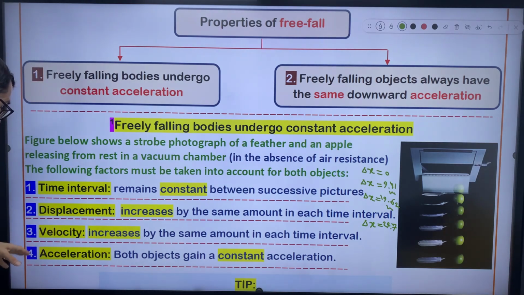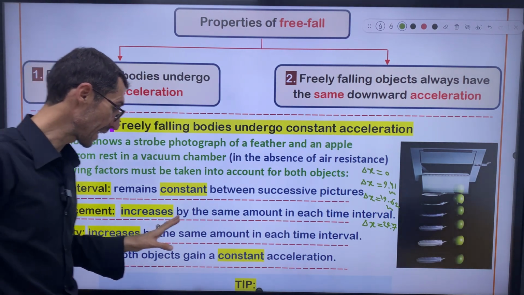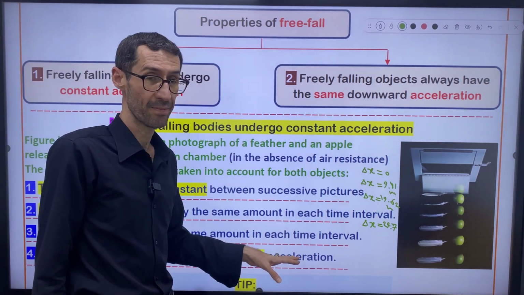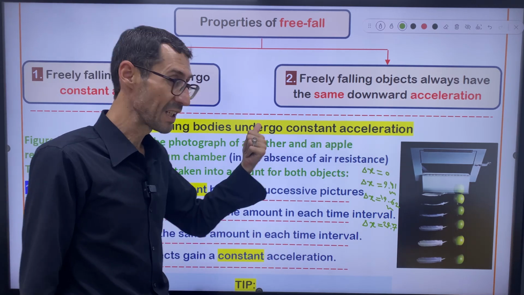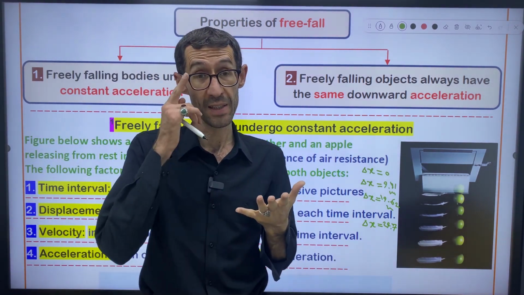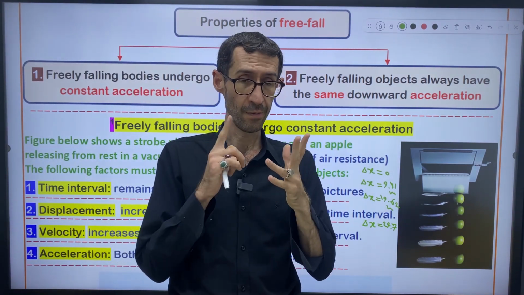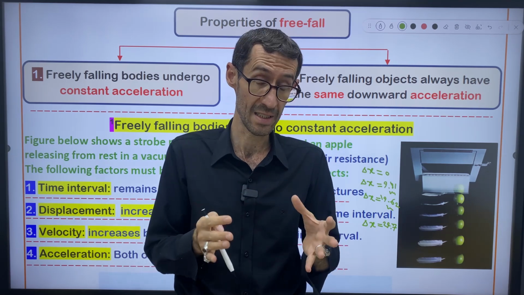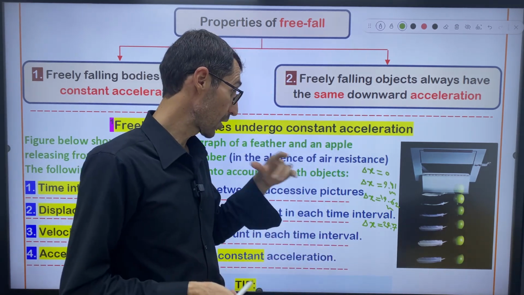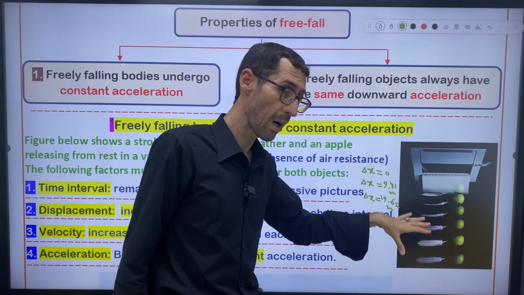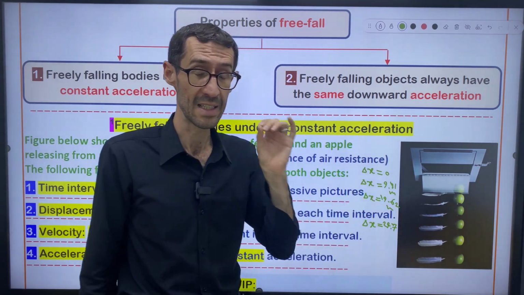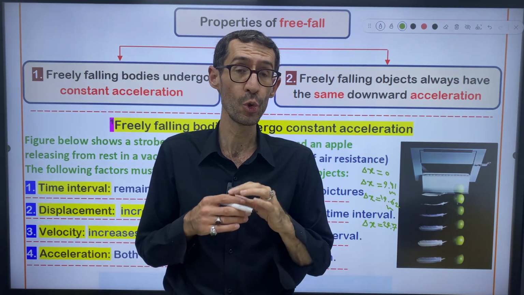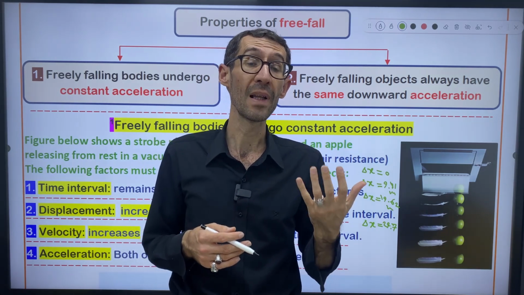What do you say about acceleration? Both objects gain a constant acceleration. Displacement is increased by the same amount. Velocity is increased by the same amount, but acceleration remains constant. Both objects, apple and feather, get the same acceleration, which is the acceleration due to gravity, or free fall acceleration.